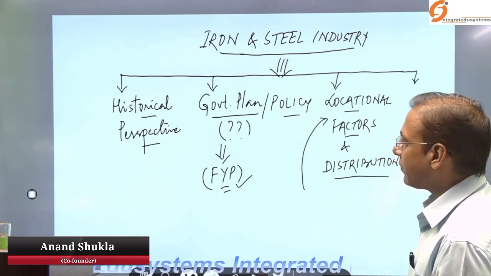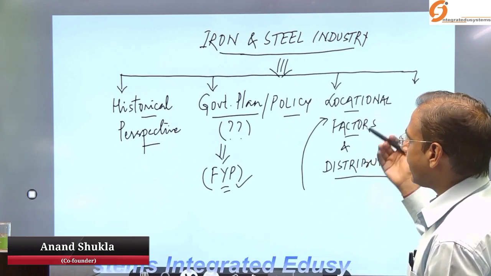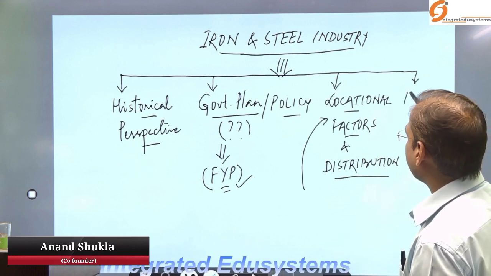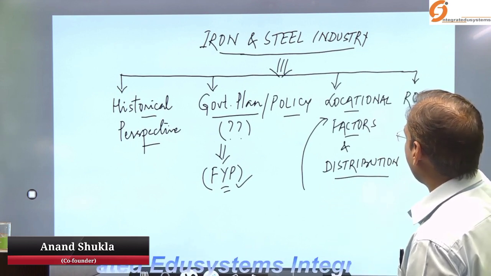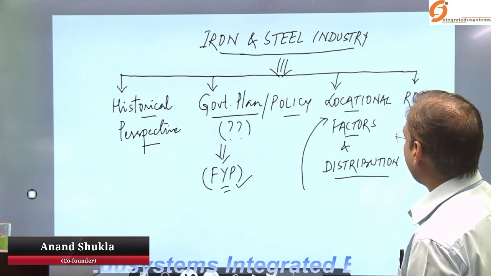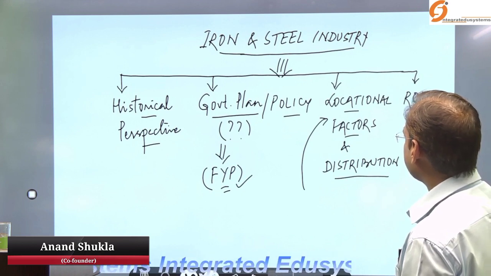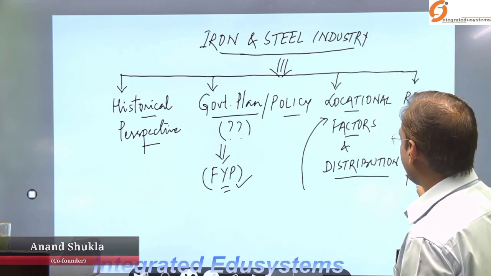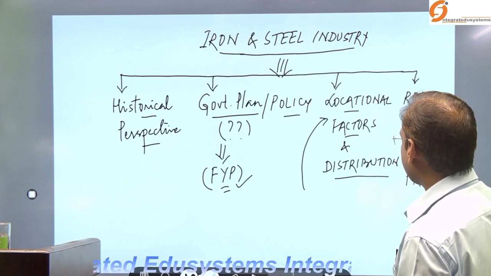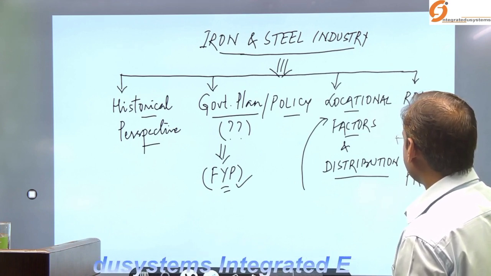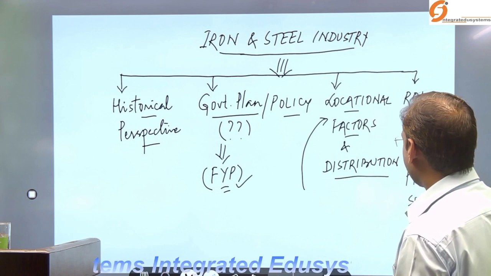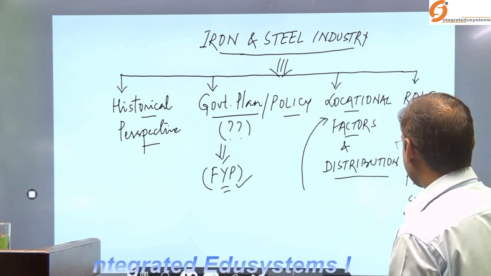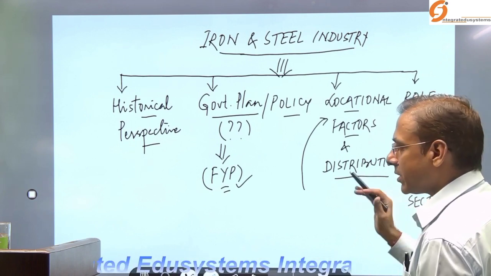Then you have to understand the role of public and private sector. Role of public and private sector in the growth of industry. So certain questions also appear on what is the share.